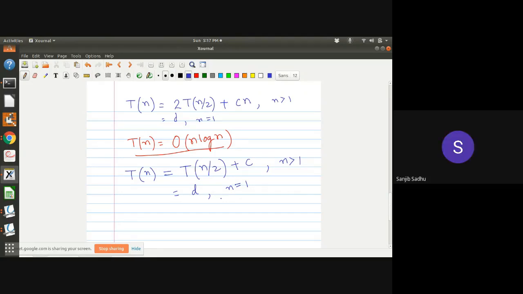Now tell me why. Have you seen this type? Which problem does it resemble? Sir, simple example, we can take 1, 2, 4, 8, powers of... No, no. I know that you are getting the solution, but I am not asking that. I am asking which problem it resembles. Binary search, sir.